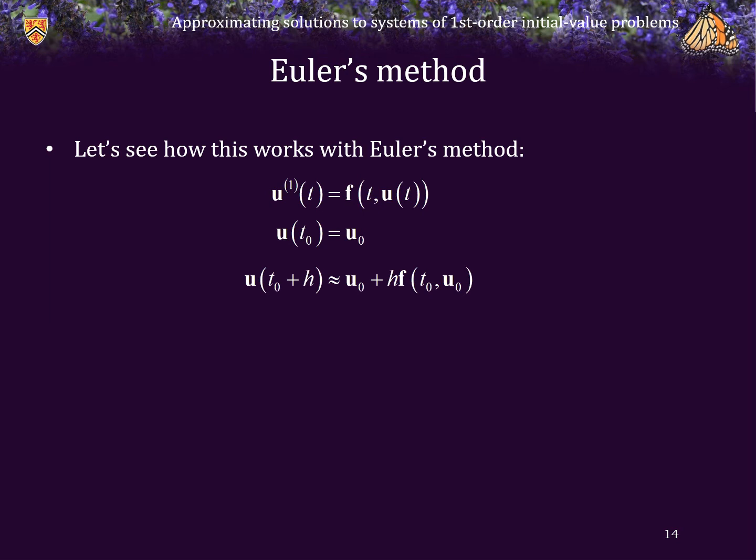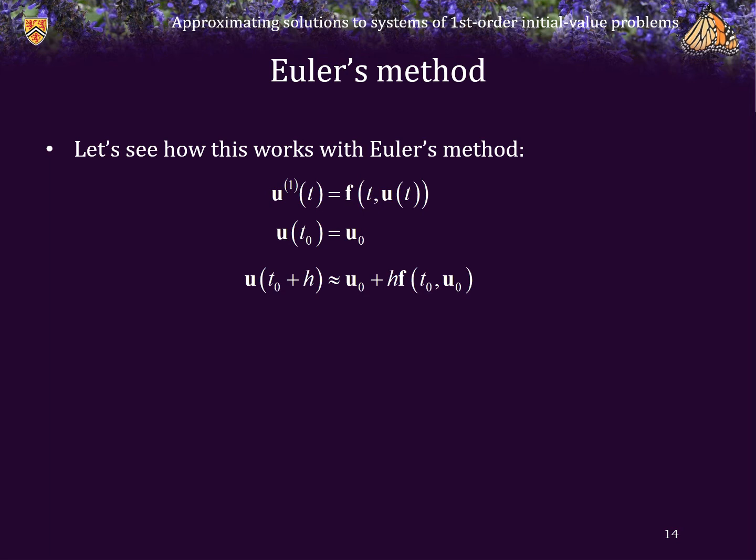Now, as we discussed before, assuming that the velocity vector is approximately constant, then the position one time step into the future is the current position u0 plus h times the velocity vector, or the derivative, evaluated at time t naught at the initial position u0.